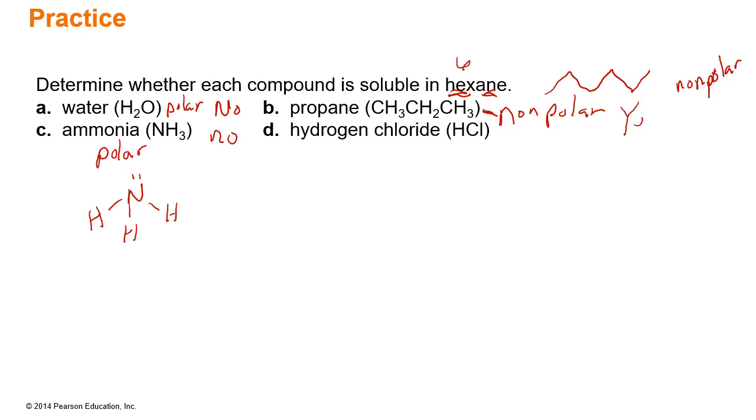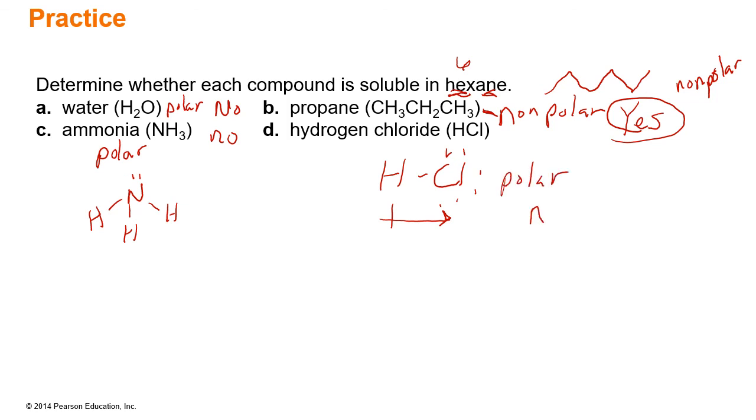So yes, it will dissolve in hexane. Hydrogen chloride, the chlorine is more electronegative, it's going to pull the electrons towards it. This is a polar molecule. So no, it will not dissolve in hexane.